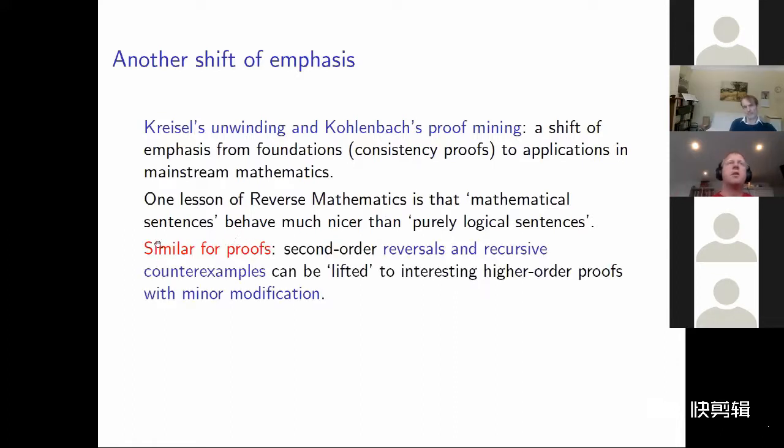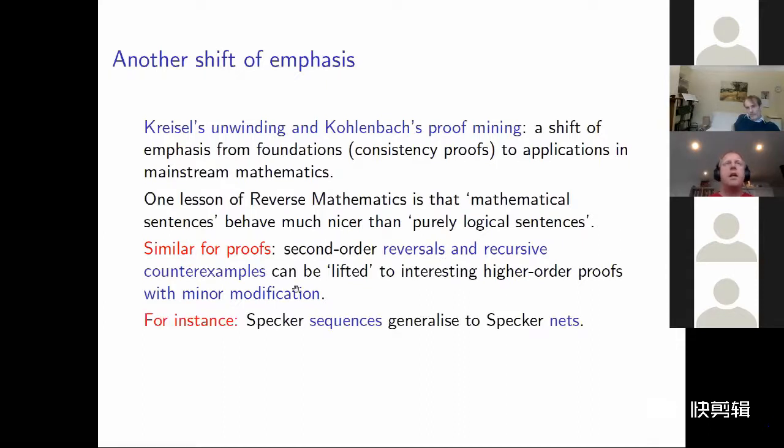I think this is similar for proofs, because I've been looking at reversals and recursive counterexamples in second order arithmetic. With minor modification, you can lift these to interesting higher order proofs. There's no way you can lift arbitrary proofs from second order to higher order arithmetic. But specific proofs, namely reversals from reverse math and recursive counterexamples, you can. As an example, Specker sequences are well known.